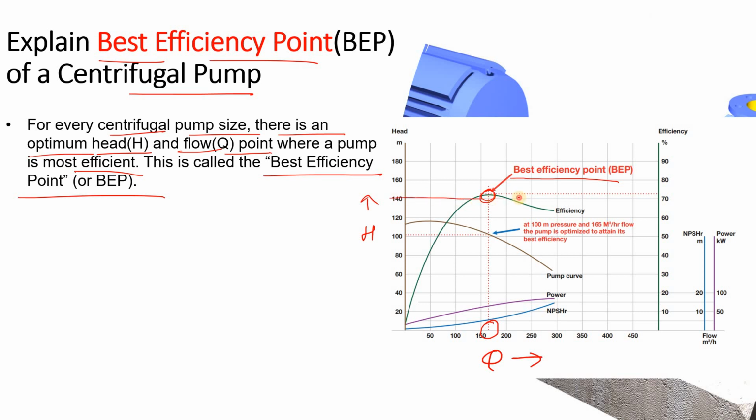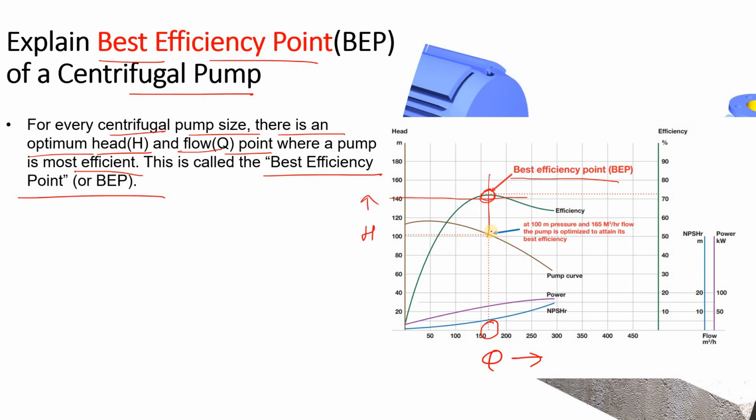So when you draw lines like that and like that, they intersect here, and this is called the best efficiency point. It is recommended that the pump should be operated near or at the best efficiency point for the most efficient operation, right?